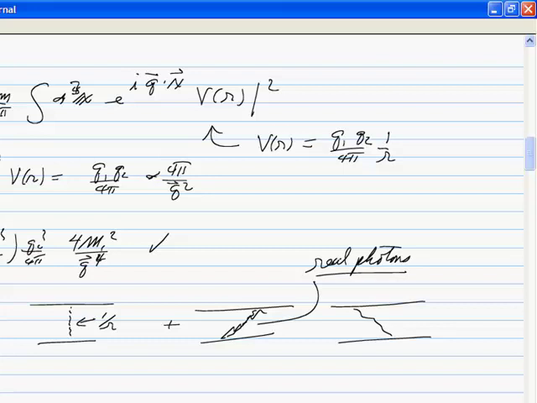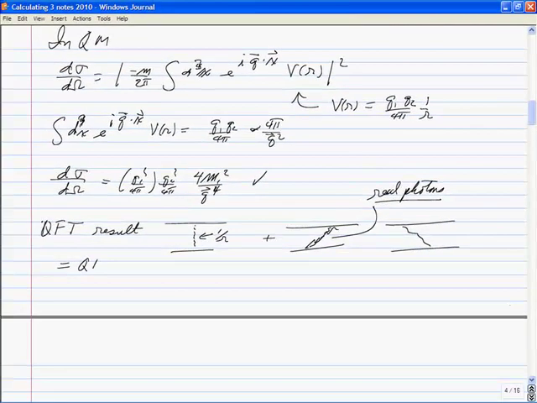Interestingly enough, that drops out in the static limit, because these transitions here on the heavy side go like 1 over the mass. But the quantum field theory result has, so it's quantum mechanics plus more.